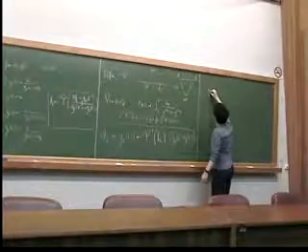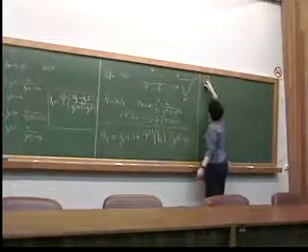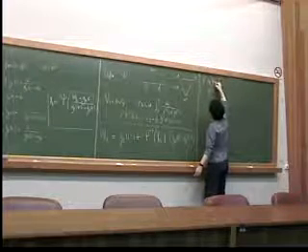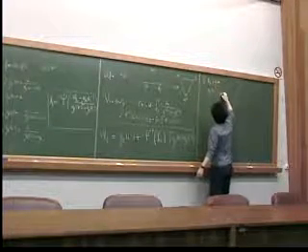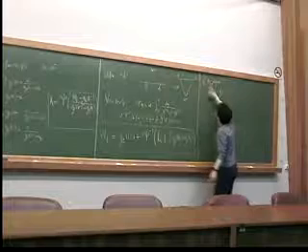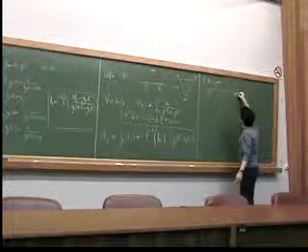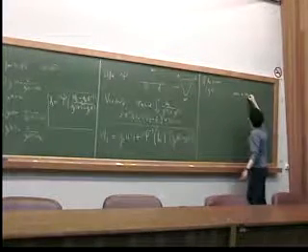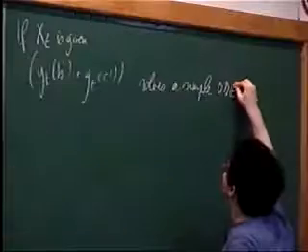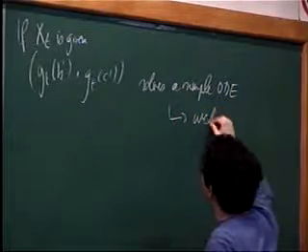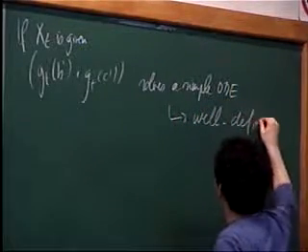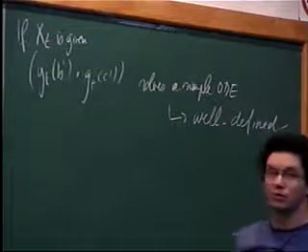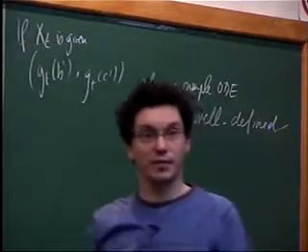So if xt is given, this two-dimensional thing solves the simple ODE, so it's well defined, up to the time maybe where, of course, they hit wt.